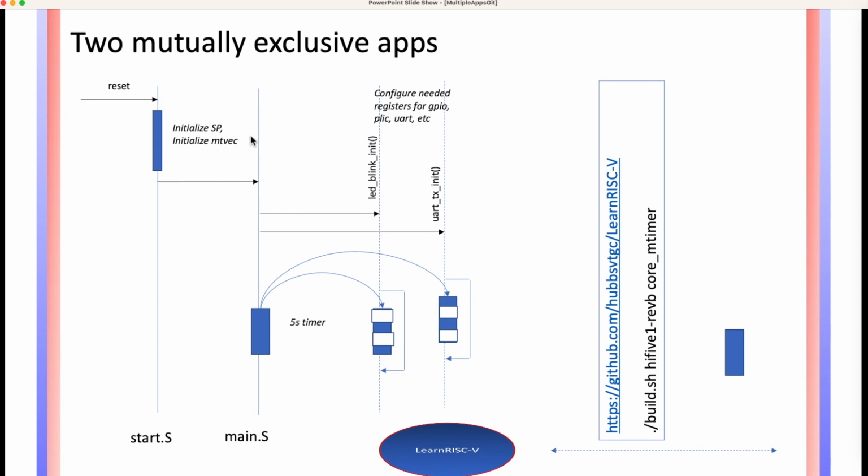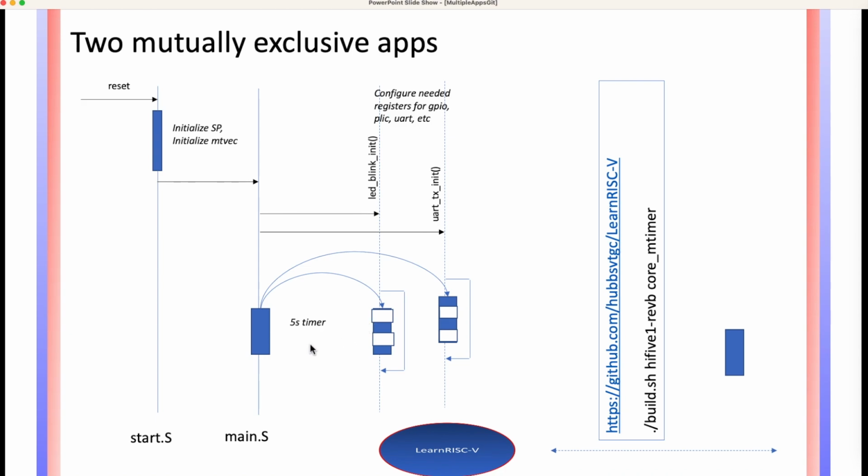What I'm going to demonstrate is to use the machine timer to generate a periodic timer for every 5 seconds, and at the very first interrupt it would jump into the LED blink loop or LED blink task, inside which the LEDs would be blinked on and off for 5 seconds.